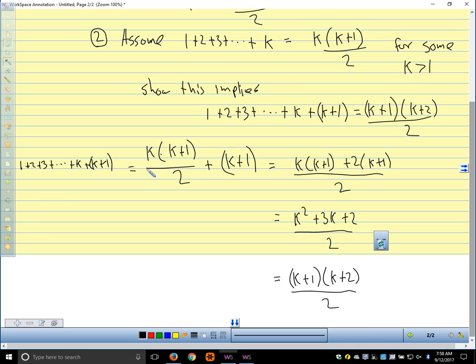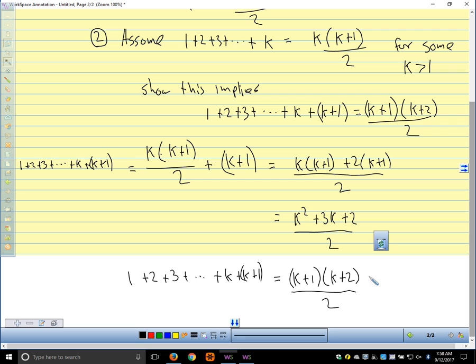And then we just rearrange the right-hand side to show that that is k plus 1 times k plus 2 over 2. So, 1 plus 2 plus 3 plus dot dot dot plus k plus 1 equals that, and that's what we were trying to show.